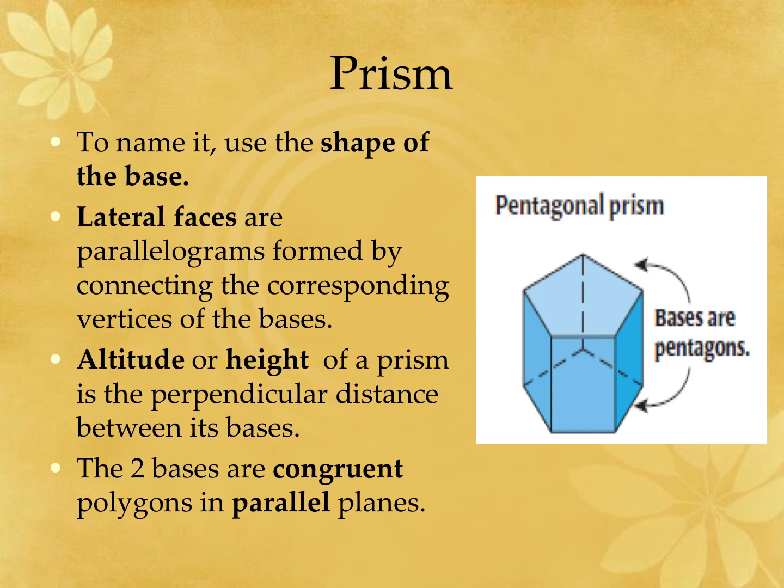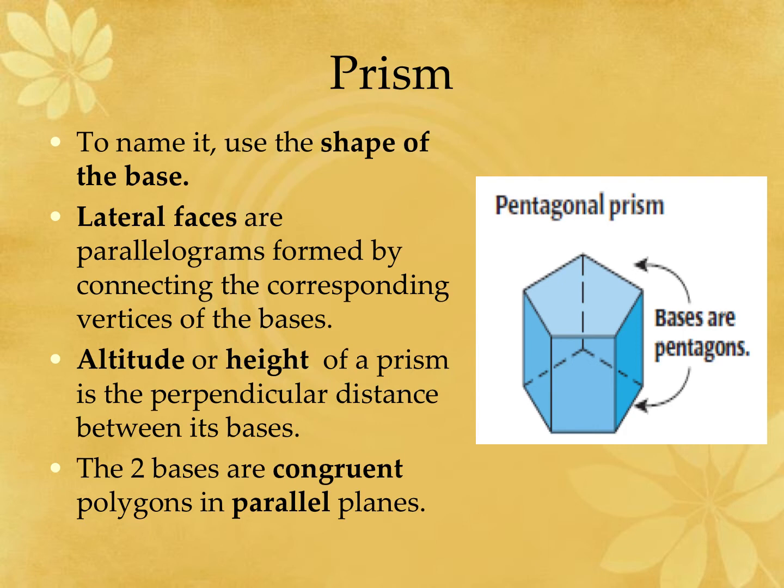So in this blue figure here, notice how I have two pentagons, and then I have the five parallelograms or rectangles that are around the sides. Whatever you have two of is going to be the name of your prism. The other faces that are not the bases are called the lateral faces.